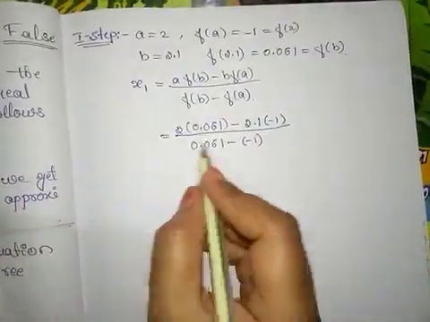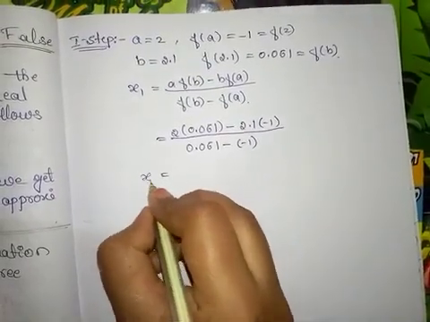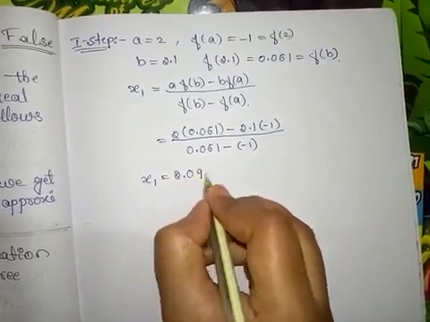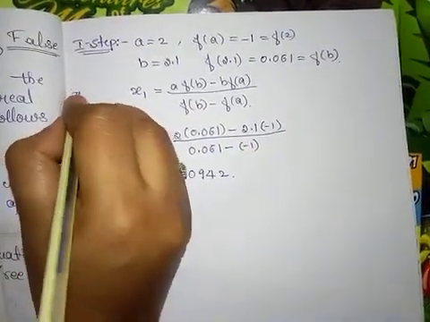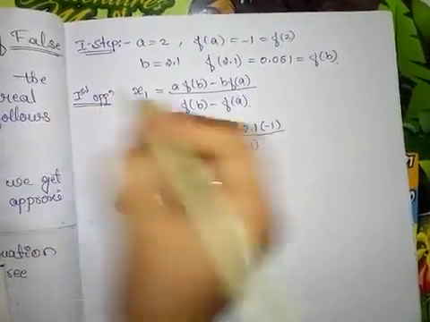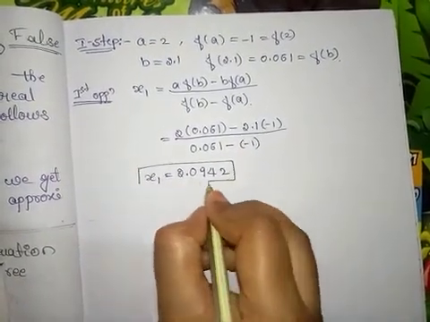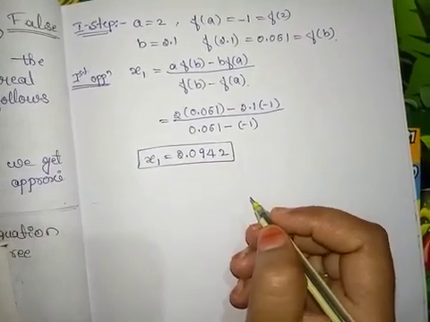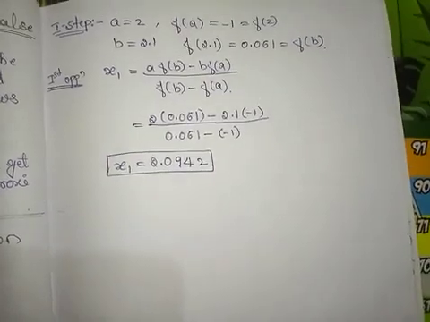Simplify and calculate this. What we get is x1 is equal to 2.0942. This is the first approximation.